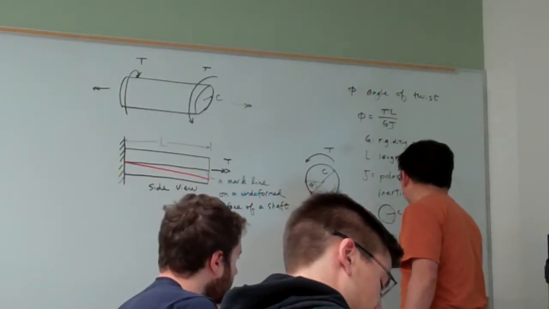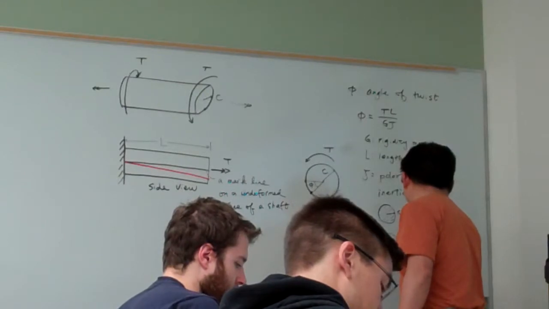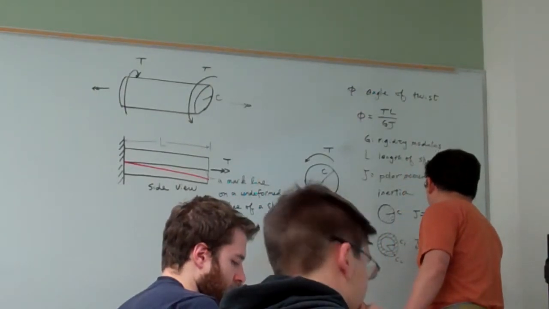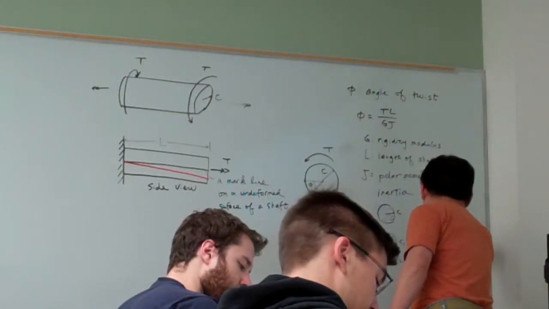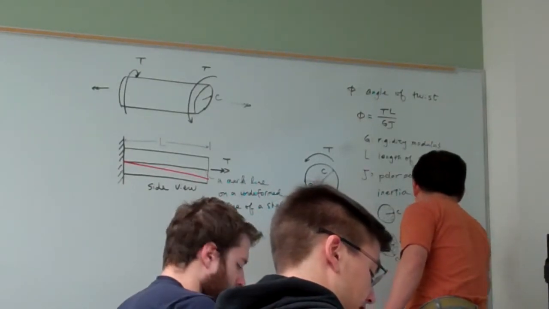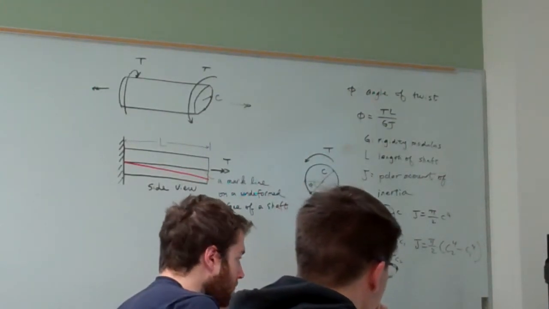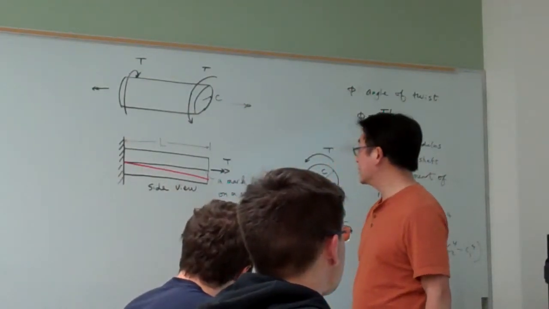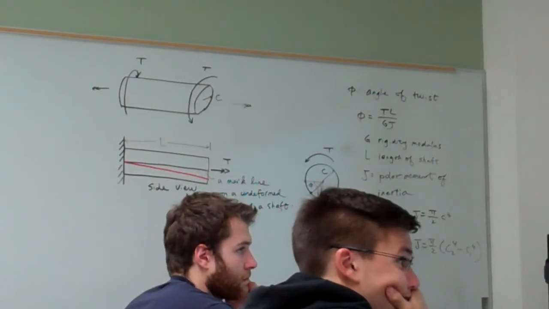For a hollow shaft, with outer radius C2 and inner radius C1, J equals pi over 2 times (C2 to the 4th minus C1 to the 4th). So that is for taking care of the deformations. And then for taking care of the stress.